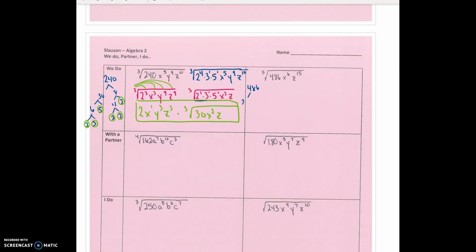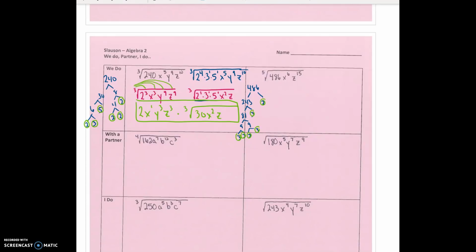So I'm going to start with 243 and 2. And then I'm going to break 243 down into 81 and 3, and I'll break 81 down into 9 and 9, and all those 9s can be broken down into 3s. So again, good idea if you want, just circle all your prime numbers so you know that these are what's going into your radicals.